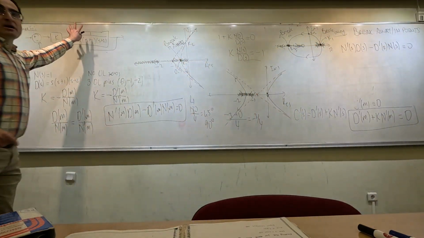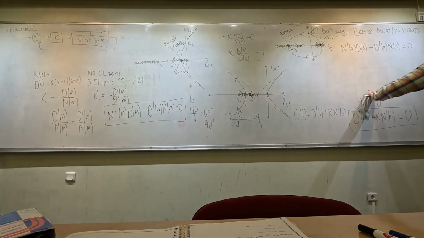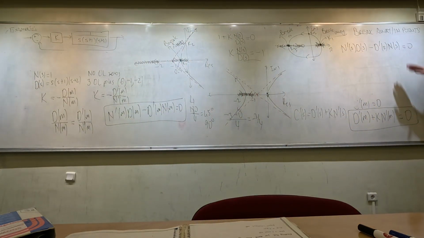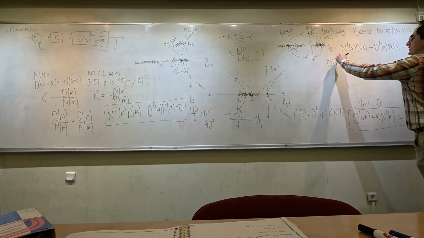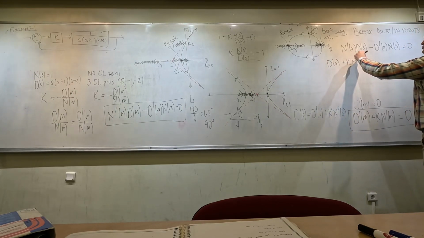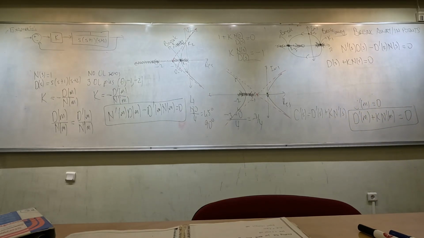So now let us come back. Here sometimes people would write this equation in the following way. I know that this equation would always be satisfied in a root locus plot. Okay? So this equation is always satisfied. That means that we can write k is equal to minus d of s over n of s.